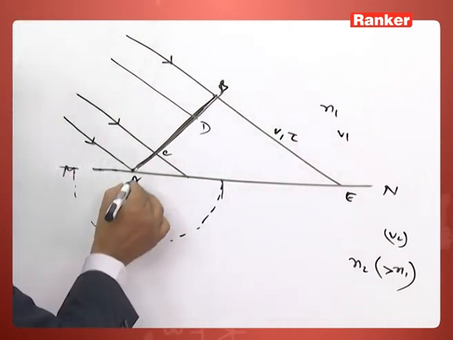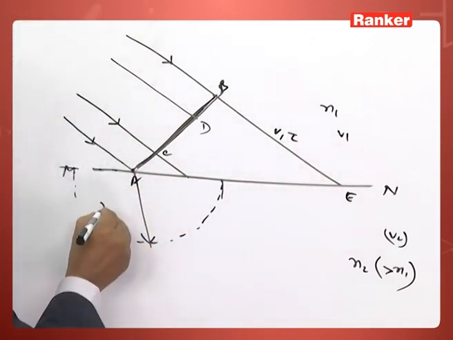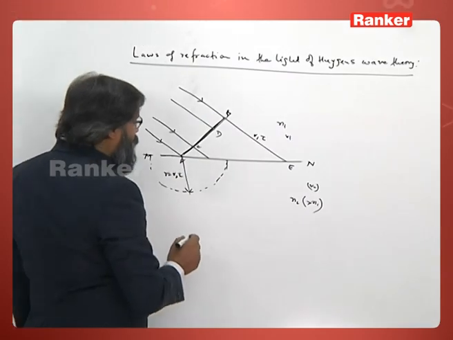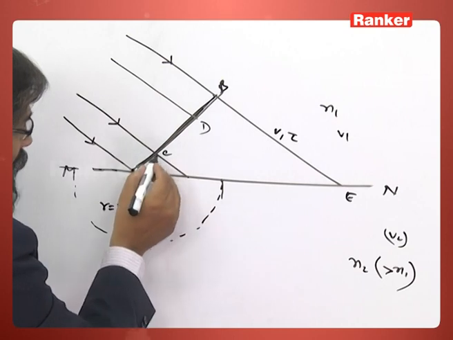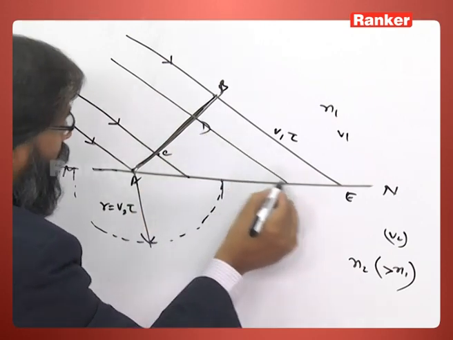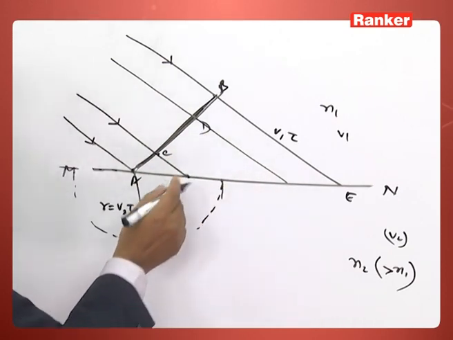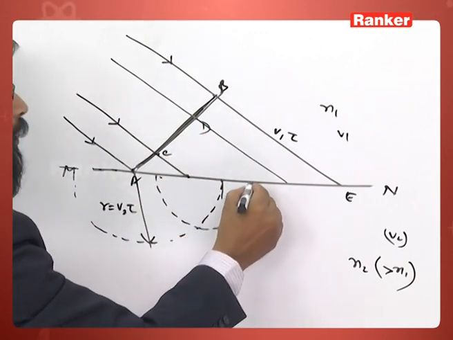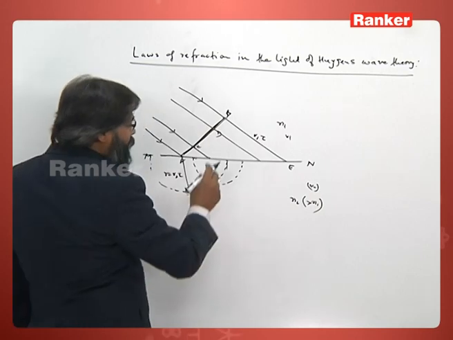In tau time this will grow to a radius R equal to V2 into tau. The wavelet from D will also reach here, but it will take somewhat less time, so it will grow to a somewhat lesser radius.